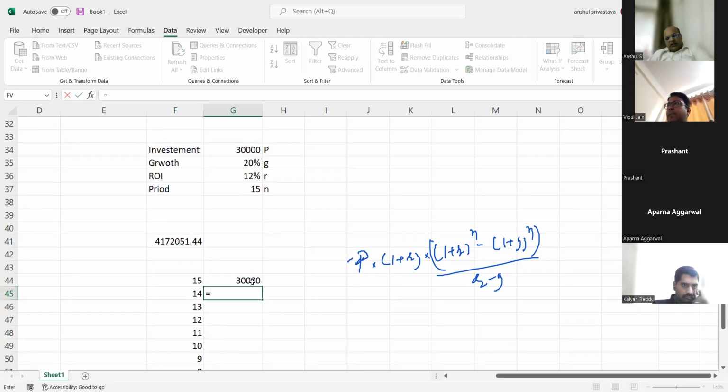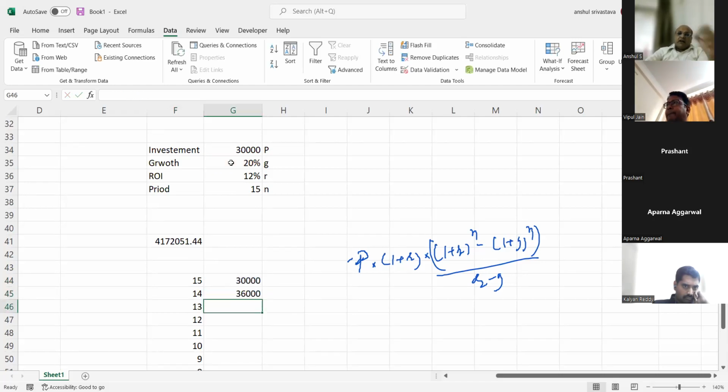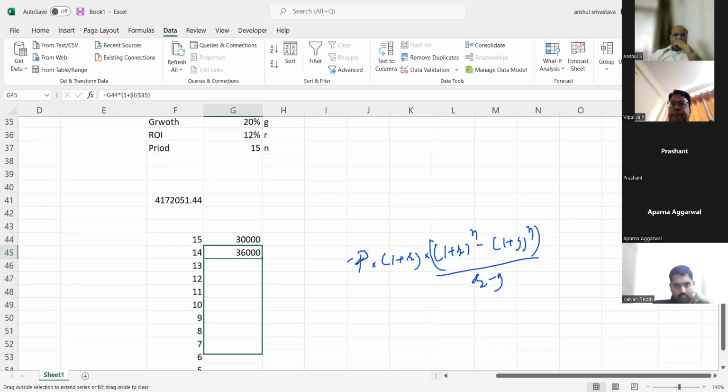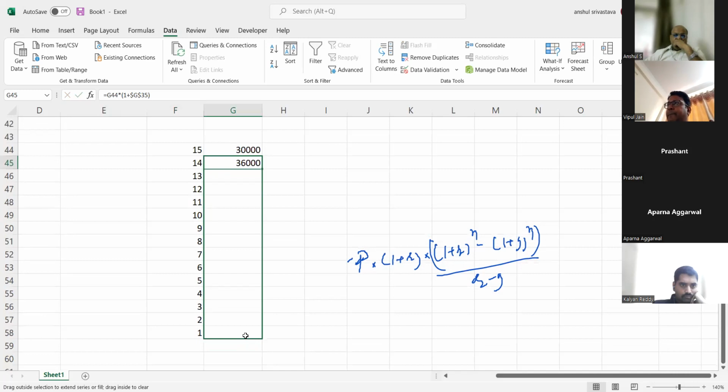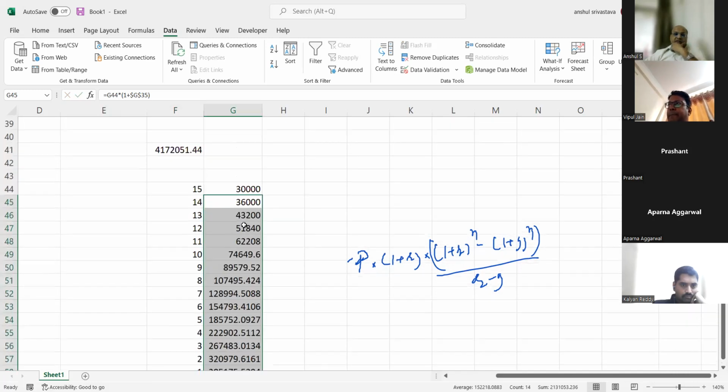And then 30,000 into 1 plus 20%, and we fix this 20% because it is the same rate. So 1 plus 20% gives 36,000, and we drag it down. These will be the investments over the years: first year 30,000, then 36,000, then 43,200, then 51,840, then 62,208. Okay. Now what do we do?